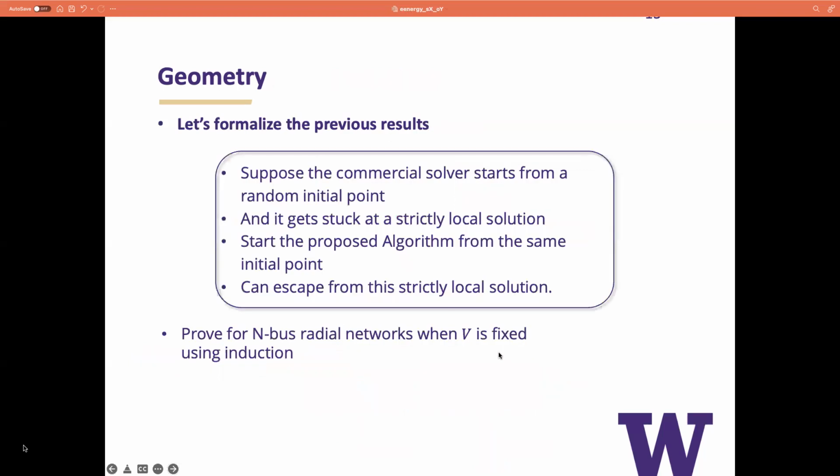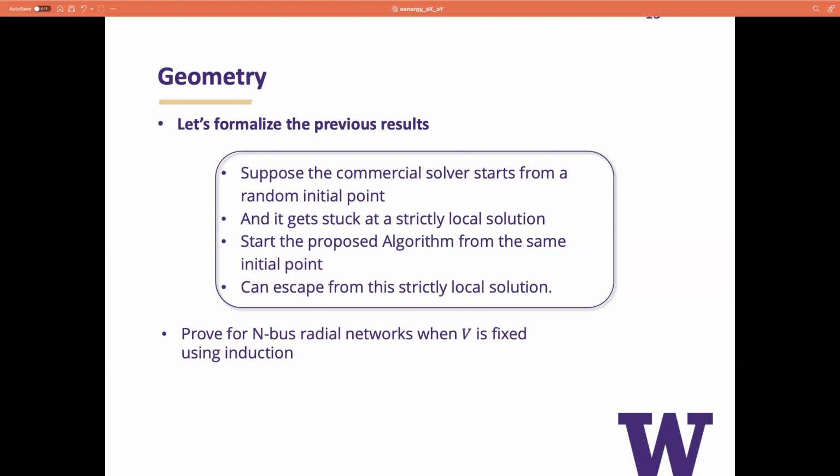If we formalize the previous observation, we can get the following statement. Suppose we start the nonlinear programming solver from some random initial point, and it gets stuck at some suboptimal solution. Then we start our proposed algorithm from the same initial point. It turns out the solver in this case can escape from that suboptimal solution.